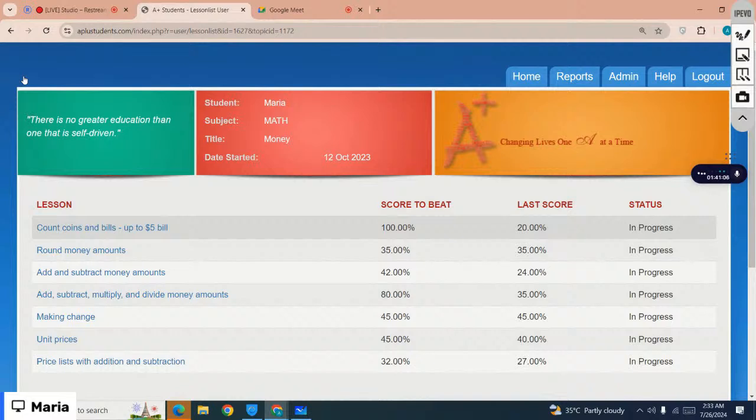The next lesson is add, subtract, multiply, and divide money amounts. Let's just start with the lesson.